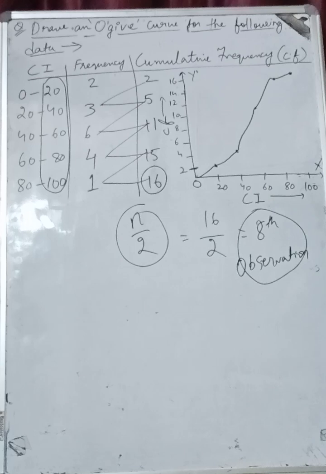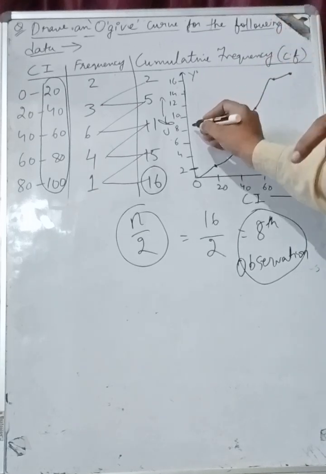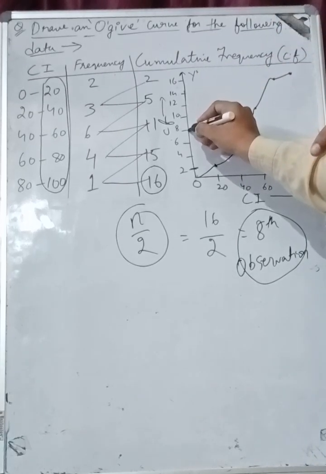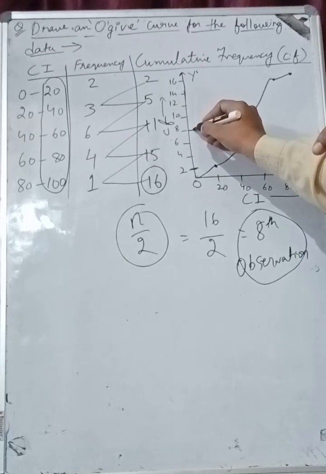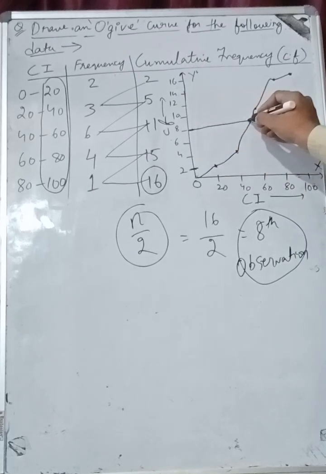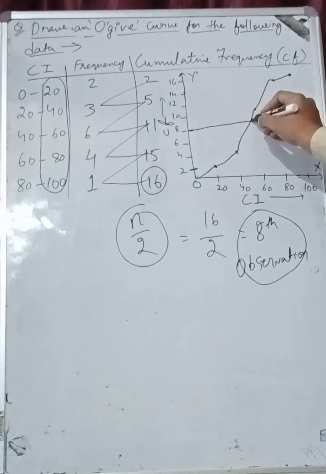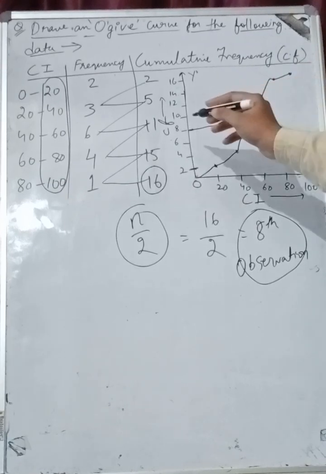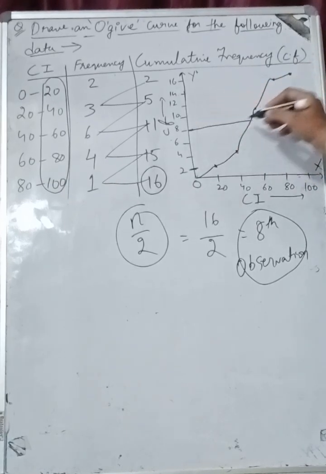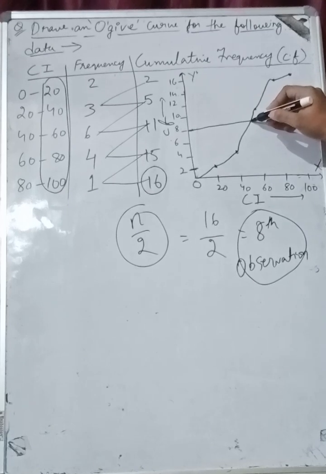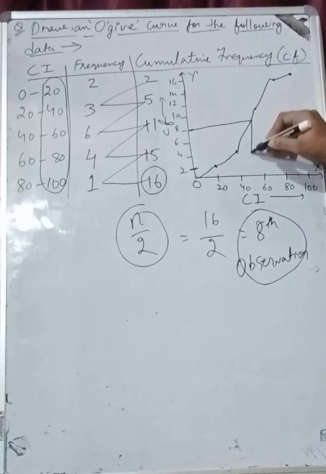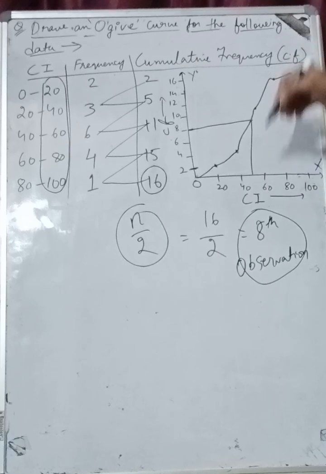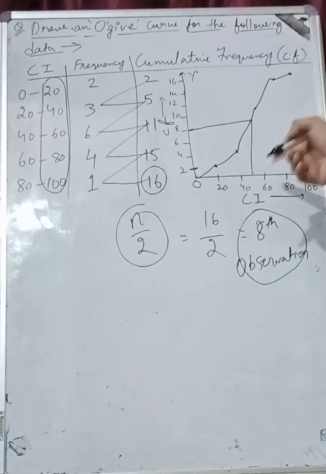Now use a ruler or a scale, not freehand, to match this horizontal line to the curve, and where it comes down perpendicularly at the x-axis, this will be our median.